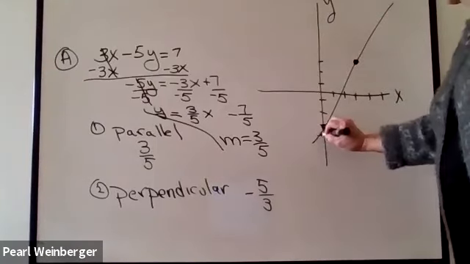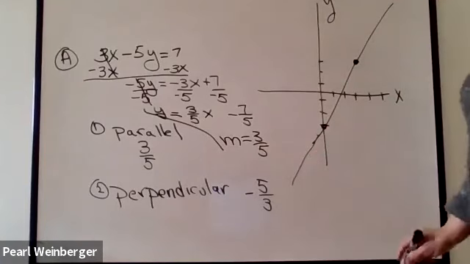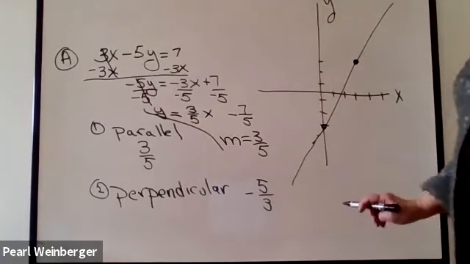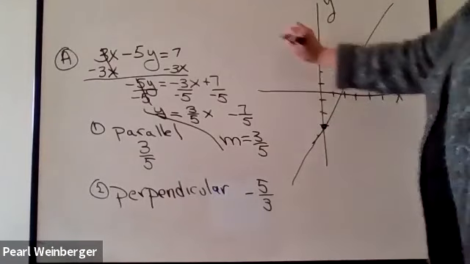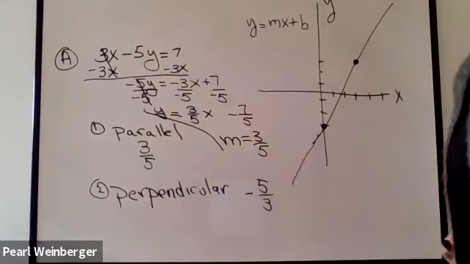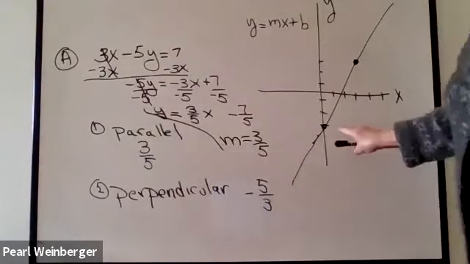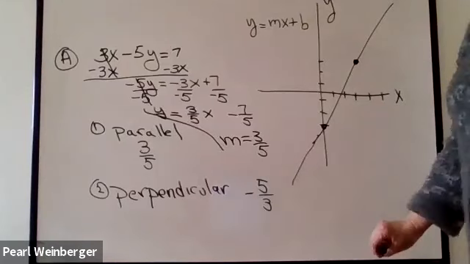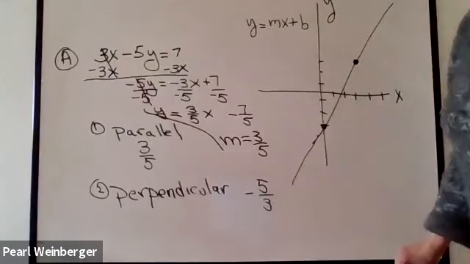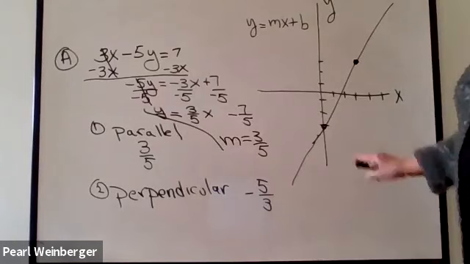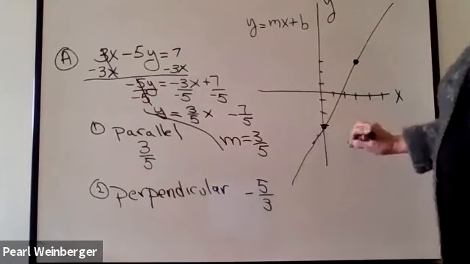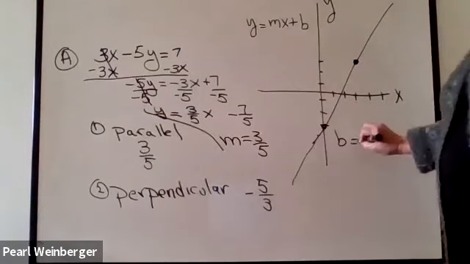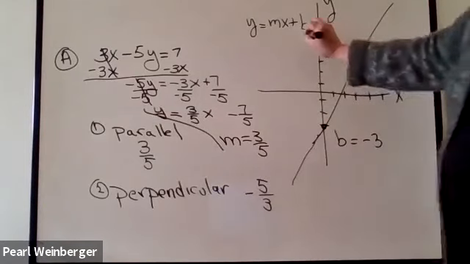And here's my y. And I want to write the equation of the line. Remember, we want to write the y equals mx plus b. Well, in this case, it's easy to tell what the b is because the b is where it's crossing the y-axis. It's crossing the y-axis at 1, 2, 3 down. The b, that means, has to be -3.